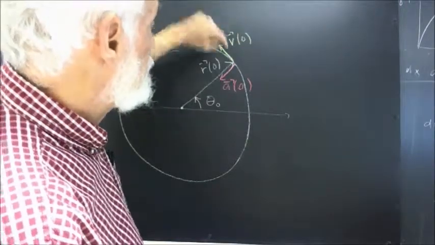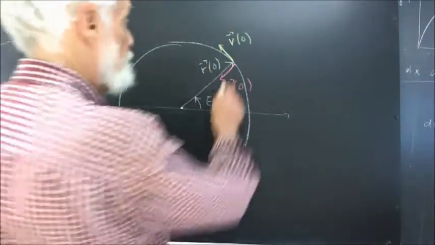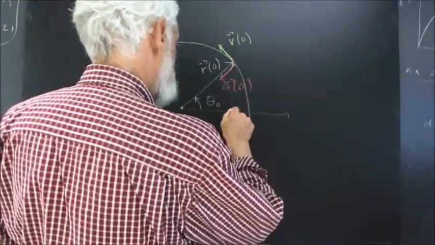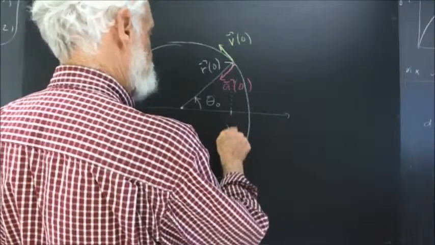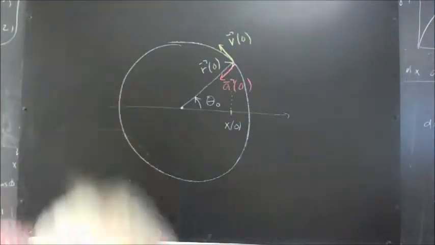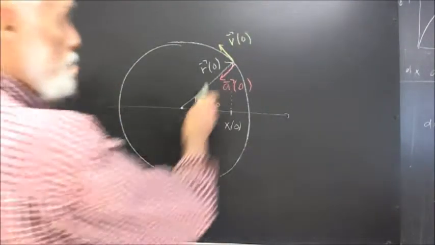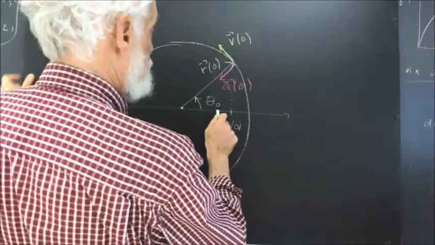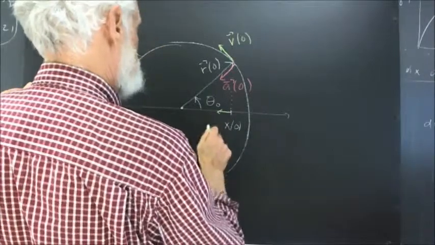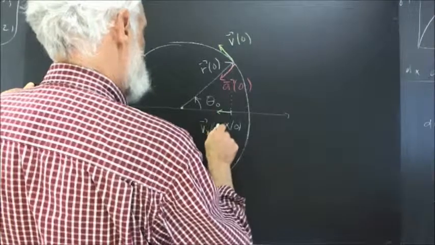V of 0 in 2 dimensions is going to be this green vector. A of 0 is going to be this vector, so that our projections on the x-axis give us the position x of 0, and also, projecting the v vector down here, we get the vector which I'll call vx of 0.